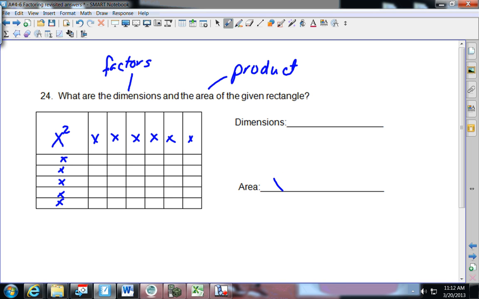So I have x squared plus 11x. Then the ones, counting up to 30. Plus 30. That's my area.